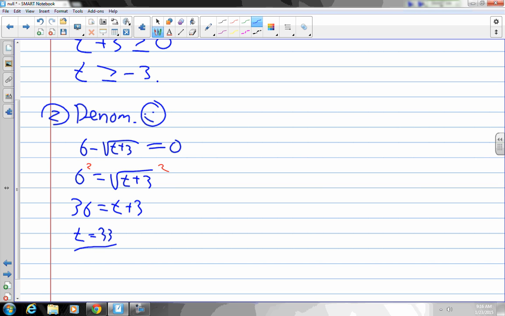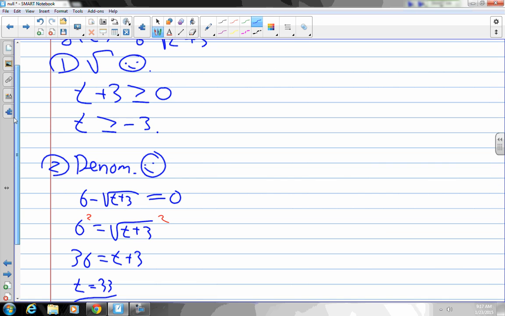Boom, done, right? Just a quick note: if this was 6 plus the square root, and we did the same thing, we would get t equals 33 again, but you go back and it doesn't work. So t equals 33, which means that t cannot equal 33.